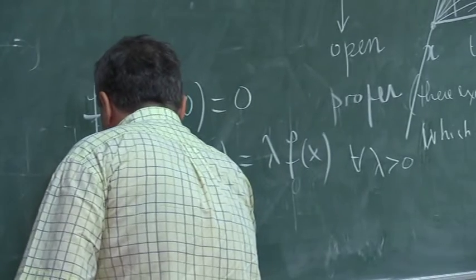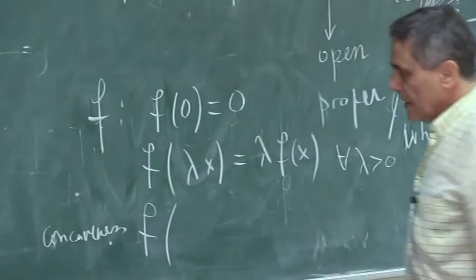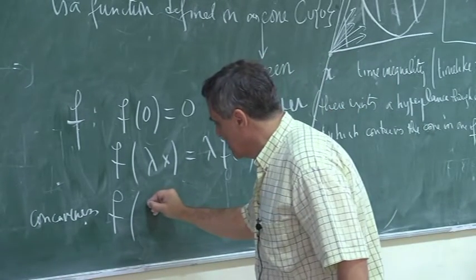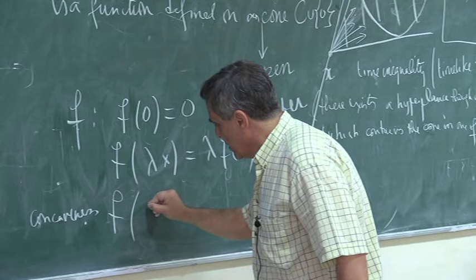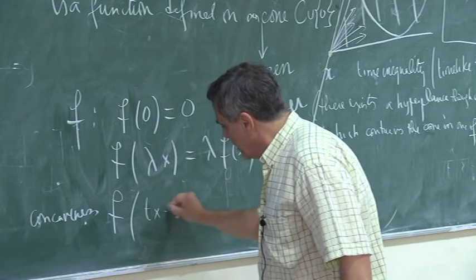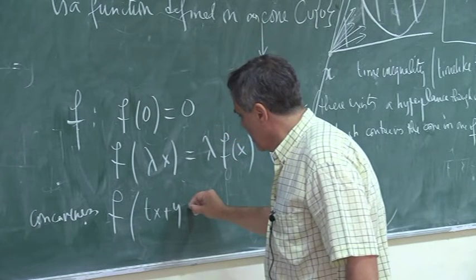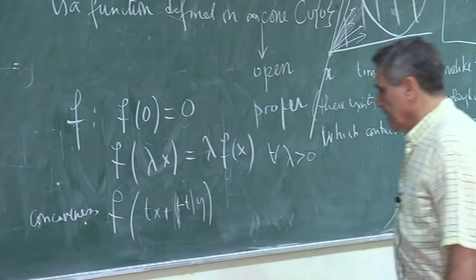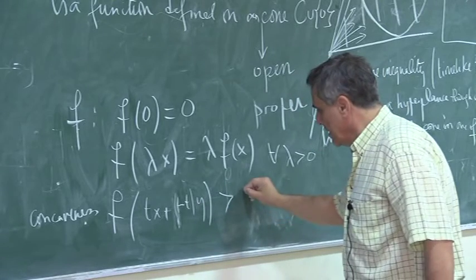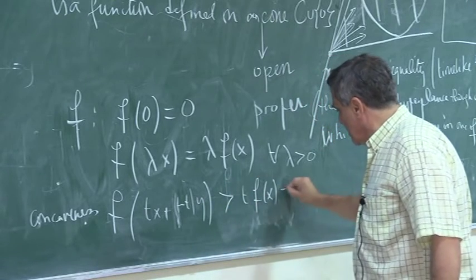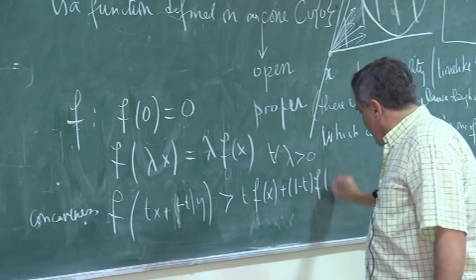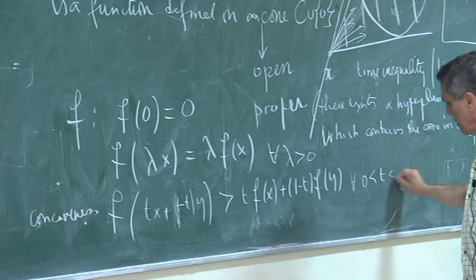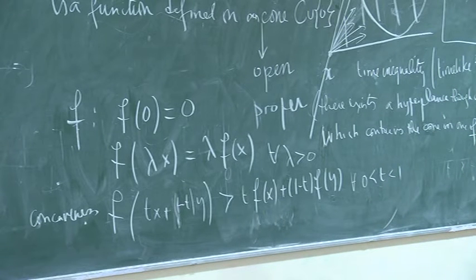Instead of convexity, I have concaveness. So this is, say, f of tx plus (1 minus t)y is greater than t f of x plus (1 minus t) f of y, and this is for any t strictly between 0 and 1. This is the concaveness property.